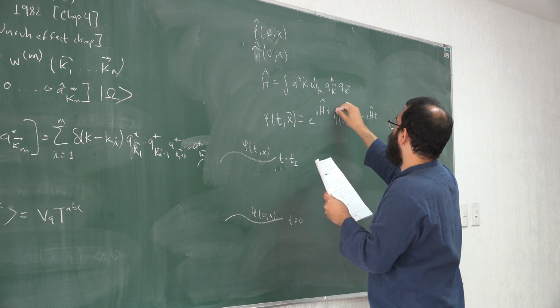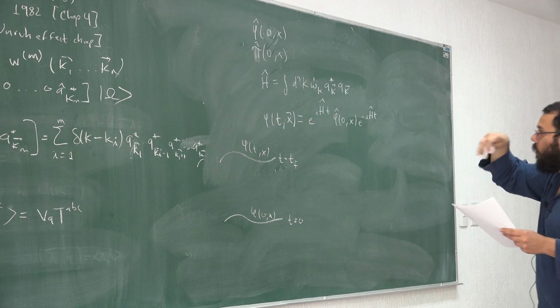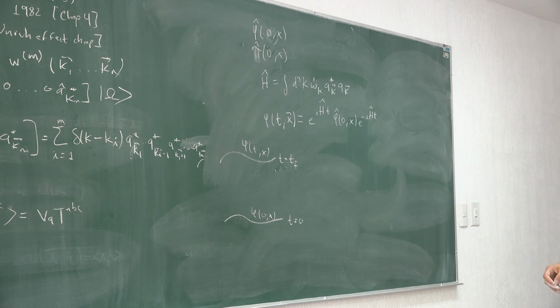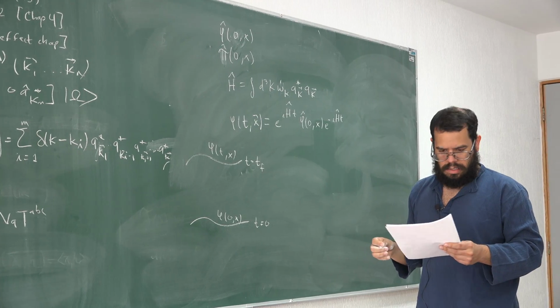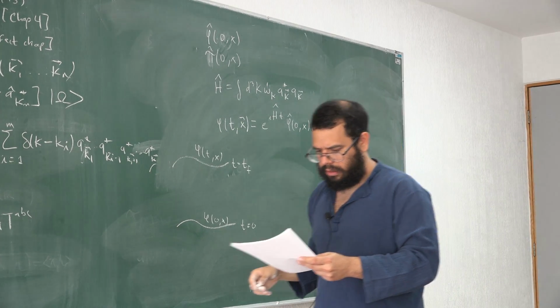And I use the commutator to get an expression for this. It's a convoluted expression, but it's just to give you an idea of what the Hamiltonian operator does. Okay?